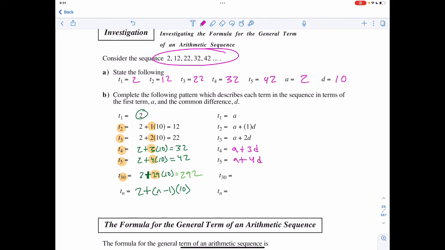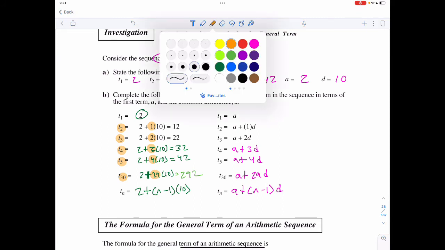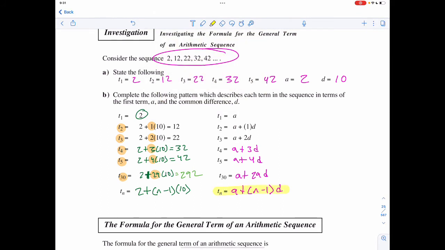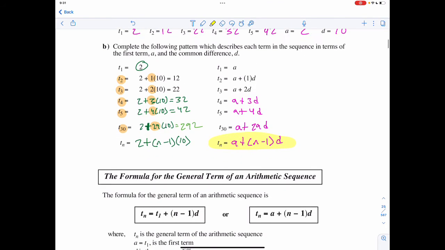Obviously, term 30 would be a plus 29 times the common difference, or term n would be a plus n minus 1 times the common difference. And this is our basic formula that we use to solve it.